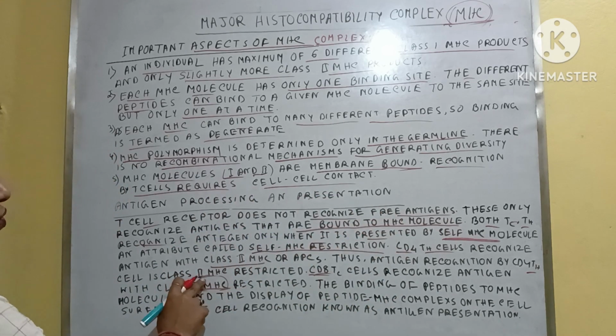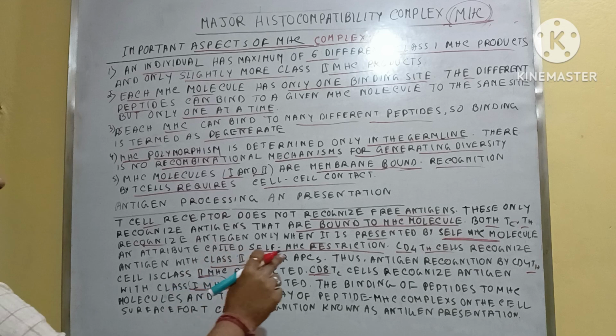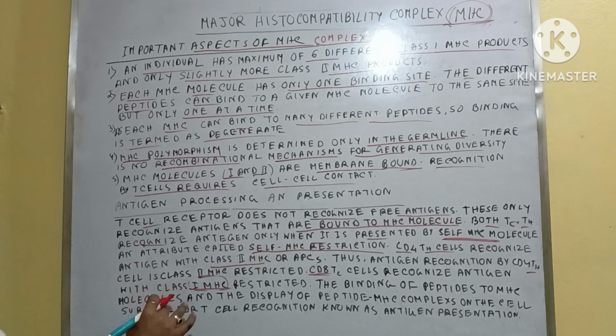CD4 must be bound to MHC2 and CD8 must be bound to MHC1. Then in this situation T cells can recognize the antigen with the MHC molecule. That means this binding process is self-restricted.